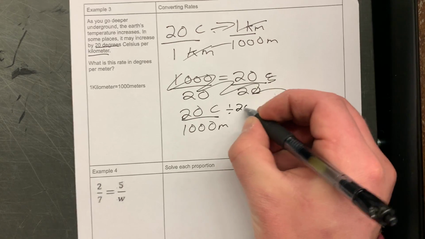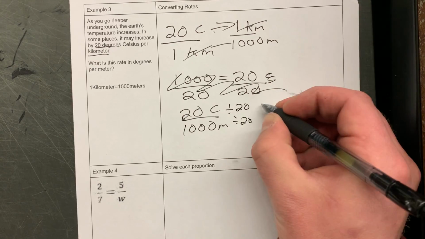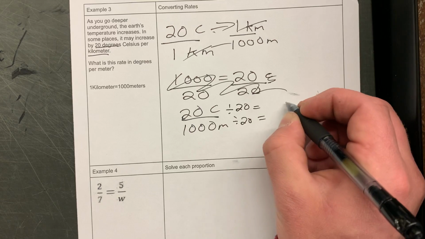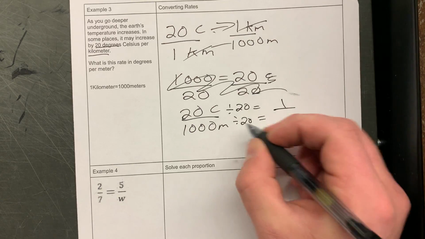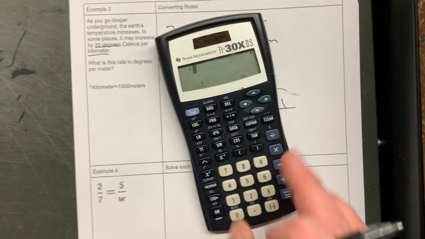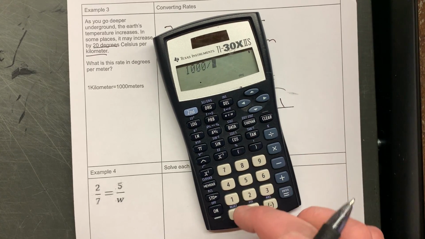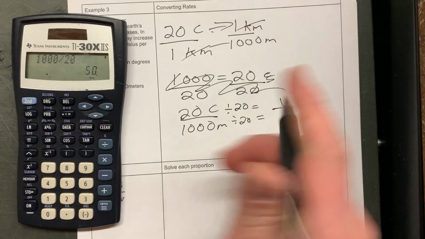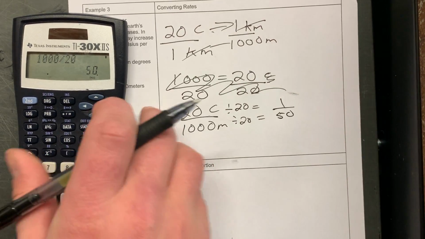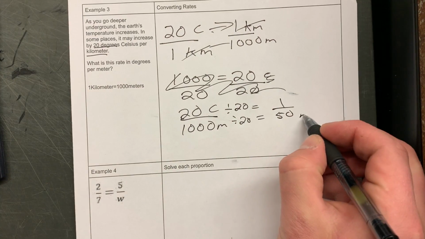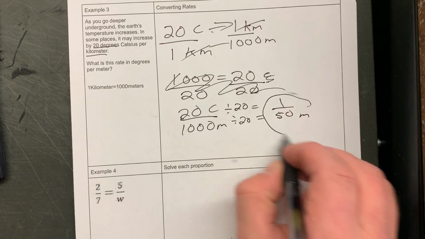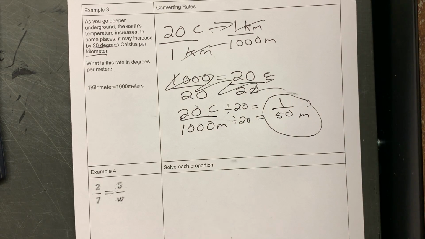If I divide the top and the bottom by 20, when I divide the top by 20, I end up with 1. When I divide 1,000 by 20, I'm not asking you to know that, but if you use your math skills, you should be able to figure out that 1,000 divided by 20 gives us a total of 50. So for every 50 meters, it's going to change 1 degree Celsius.